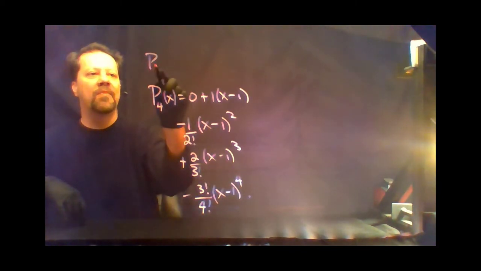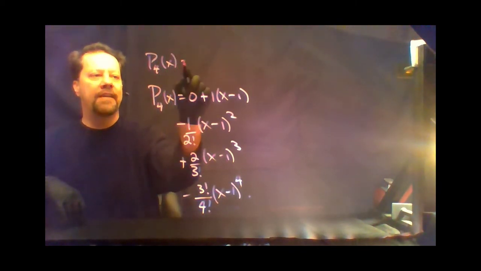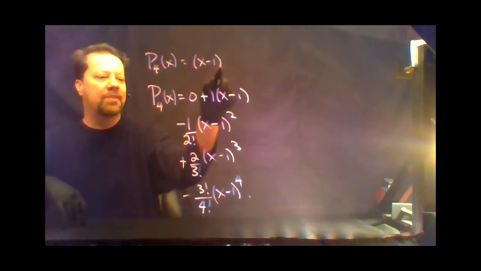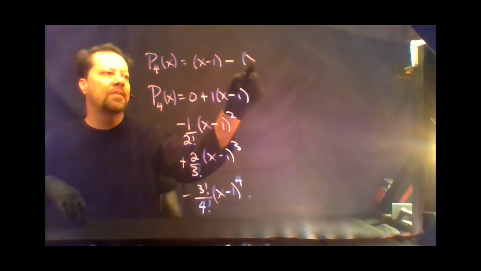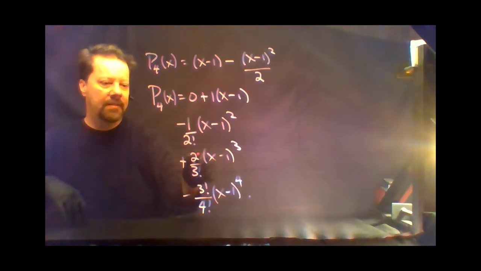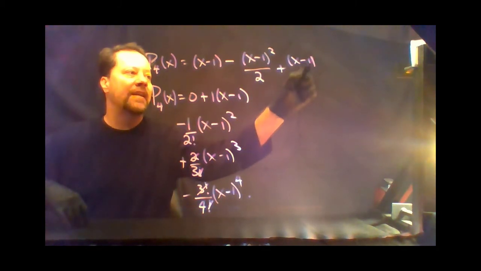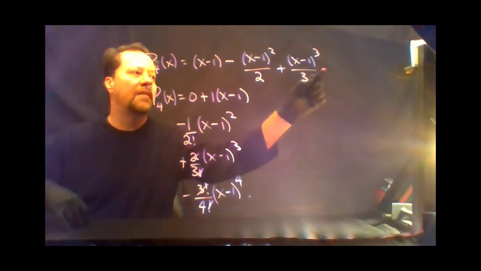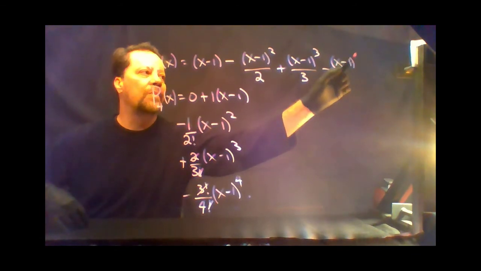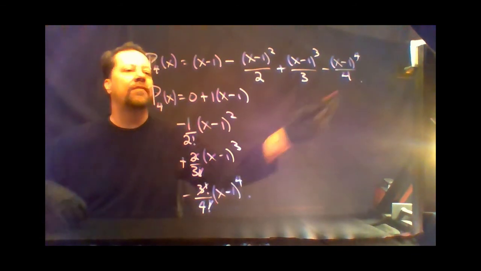Simplifying this, P4 of x will be x minus 1 minus x minus 1 squared over 2. This cancels, plus x minus 1 cubed over 3 minus x minus 1 to the fourth over 4.